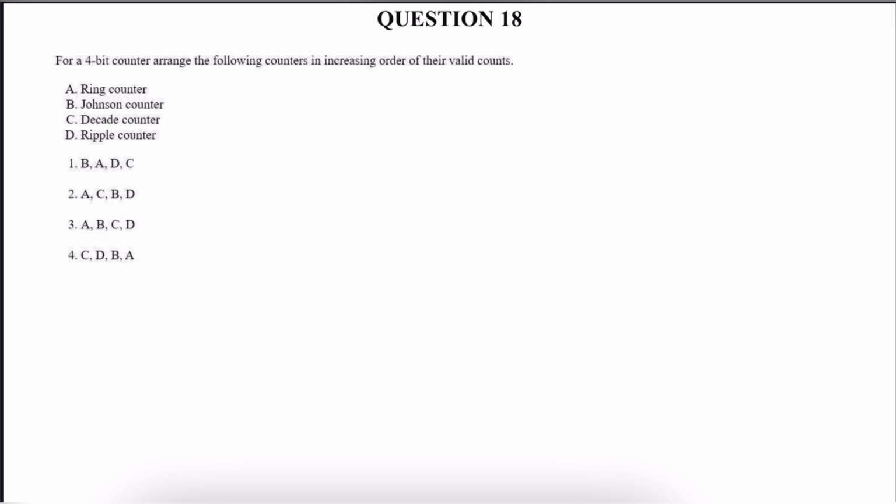Given a 4-bit counter, arrange the following counters in increasing order of their valid counts. Okay. So given an n-bit counter, that is 4-bit, here n is 4. For an n-bit ring counter, we consider used states and unused states.